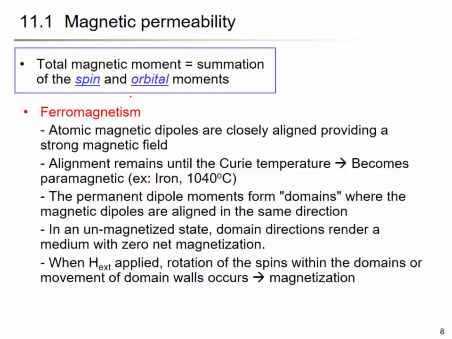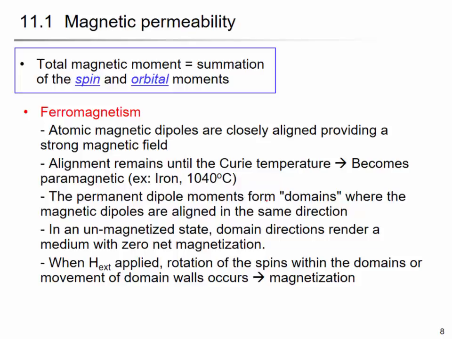So the total magnetic moment is the summation of the spin and orbital moment, as I said, of the electron. And the atomic magnetic dipoles are closely aligned, providing a strong magnetic field. And this dipole alignment remains until the Curie temperature. So it becomes paramagnetic after this temperature.